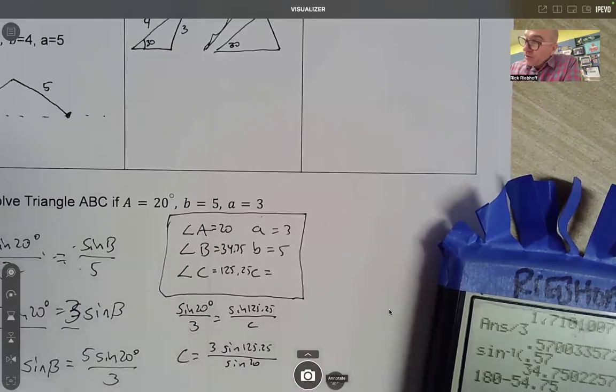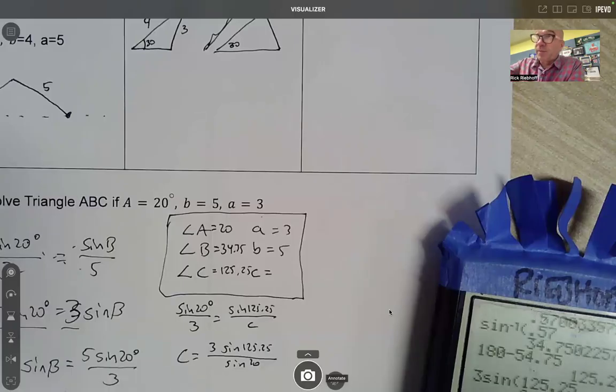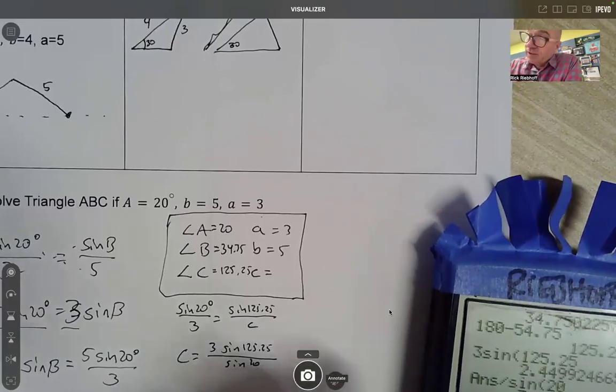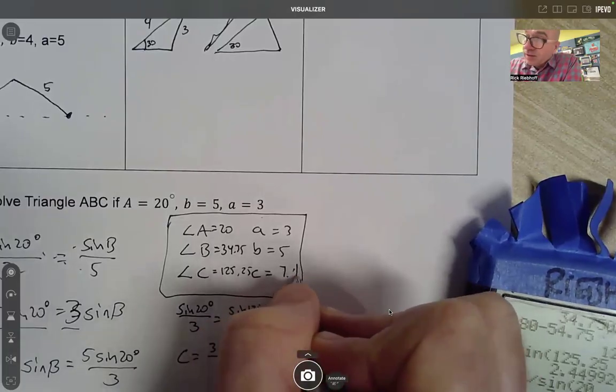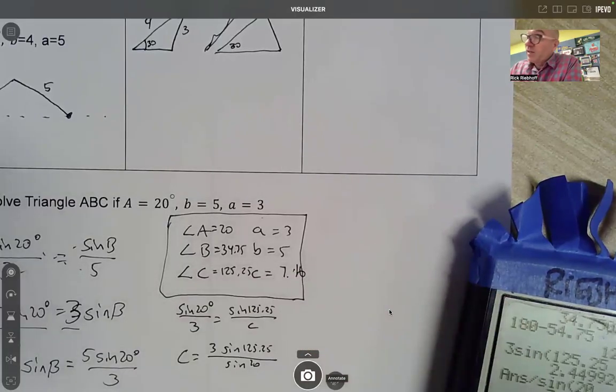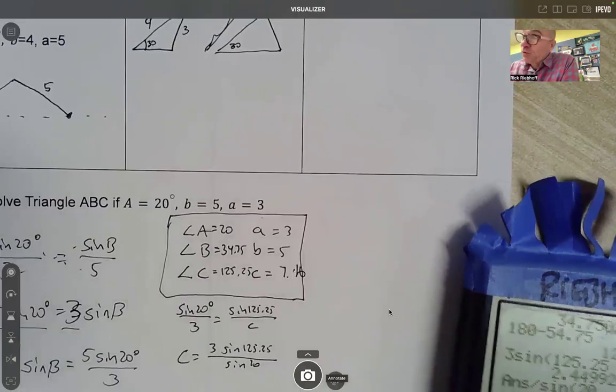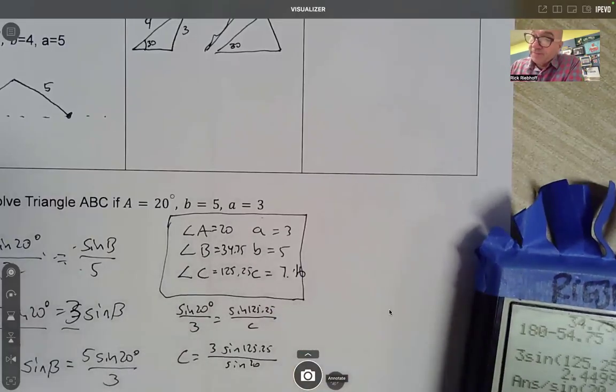So 3 sine 125.25 divided by sine of 20 equals 7.16. Cool. So that's the third one there.